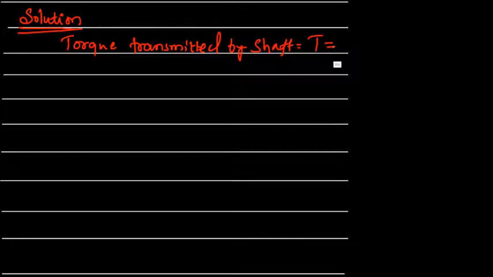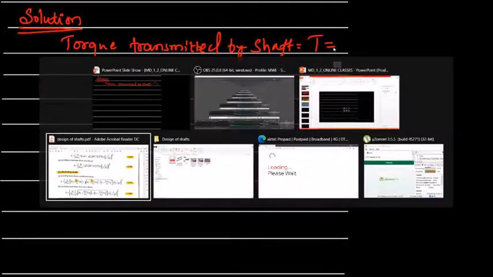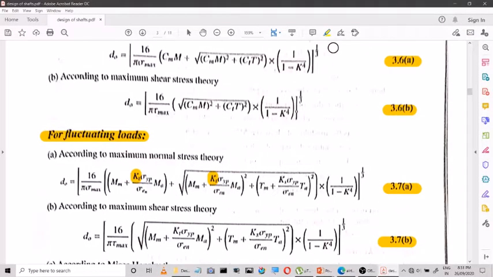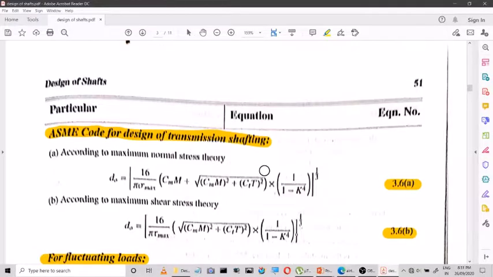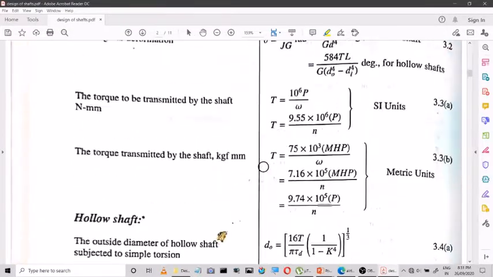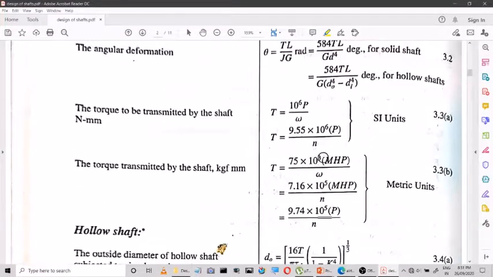In the data handbook you have standard equations to calculate the torque if you know the power and speed. You can use this equation to find the torque in SI units, so power has to be substituted in terms of kilowatt.